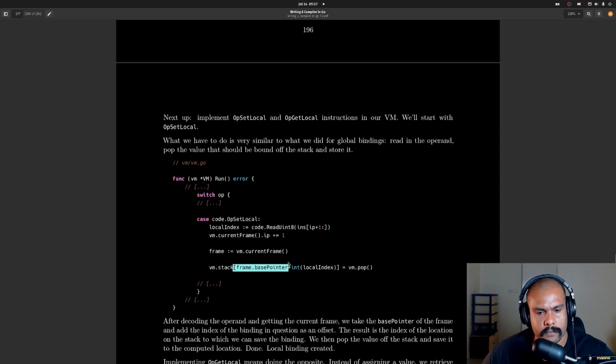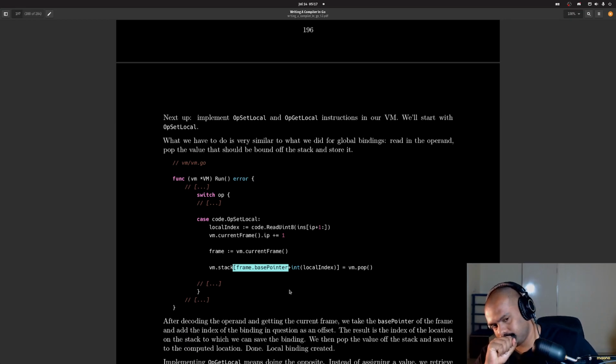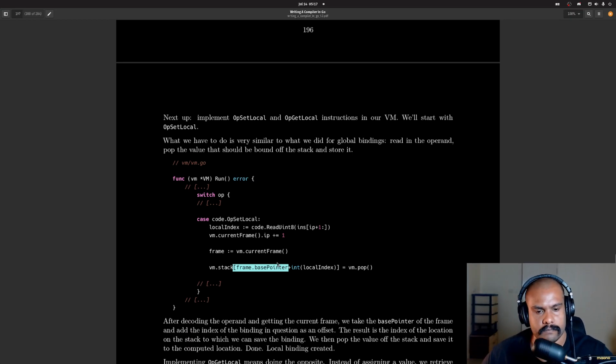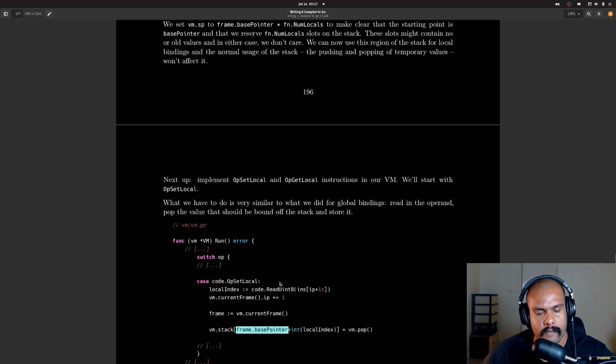Frame dot base pointer plus... Does the frame have a base pointer?